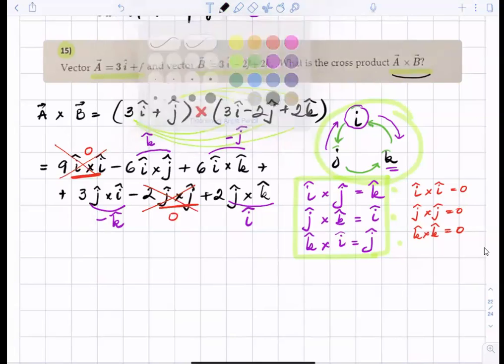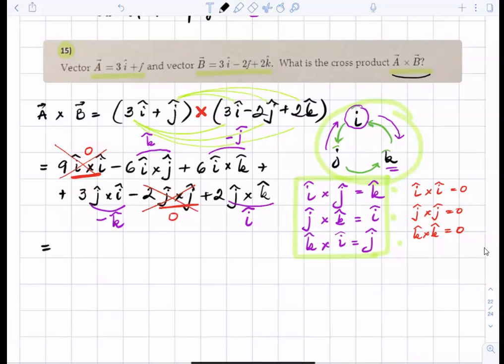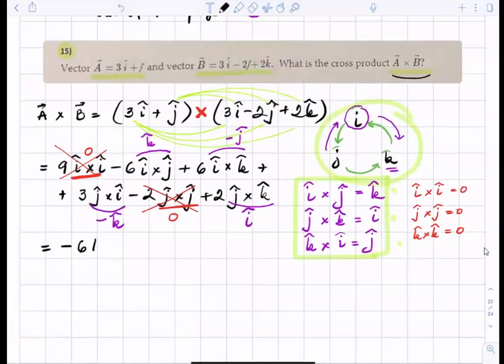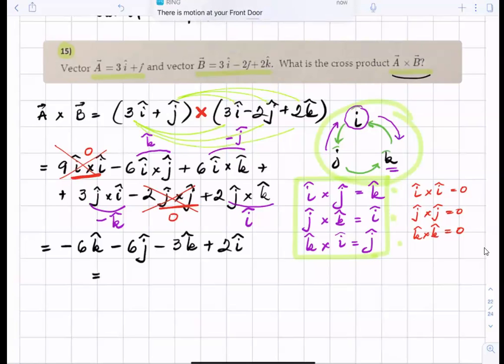Good. So let's summarize what is left over. In the end, we're going to put them in order. So we're going to have minus 6 k hat, minus 6 j hat, minus 3 k hat, and plus 2 i hat. All right, so now we're going to list them in order, i, j, k.